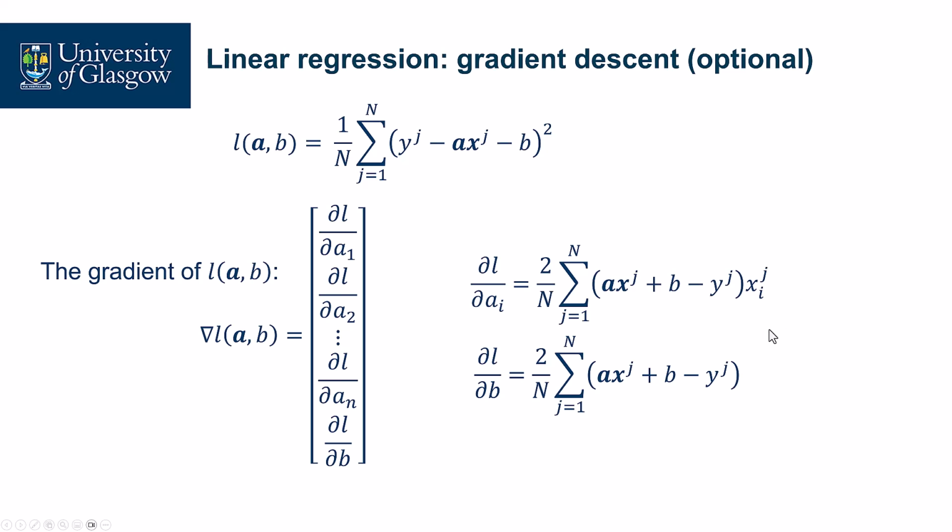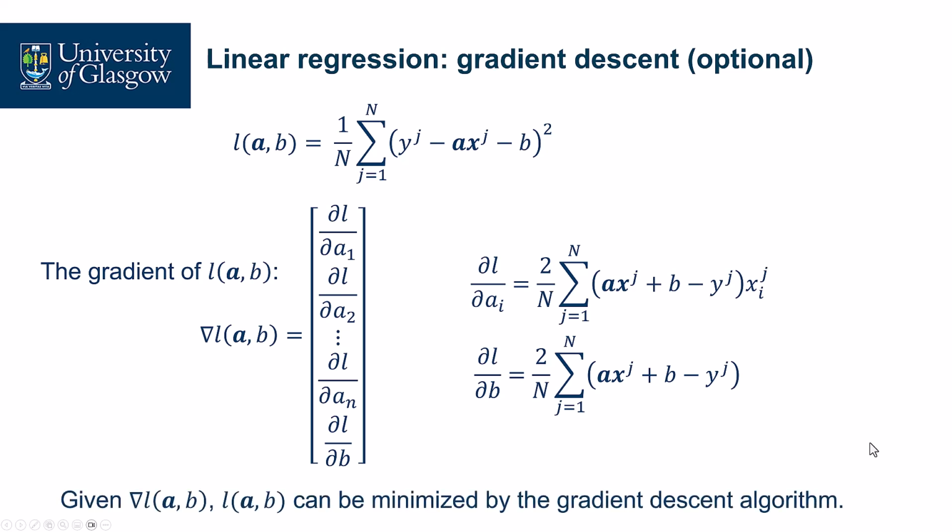For example, y equals a1 times x1 plus a2 times x2 till a5 times x5 plus b. So i refers to the index of x, as well as of a. If we follow these two equations, we can calculate the gradient. We know the step size, we know the gradient, so the loss function can be minimized by the gradient descent method.